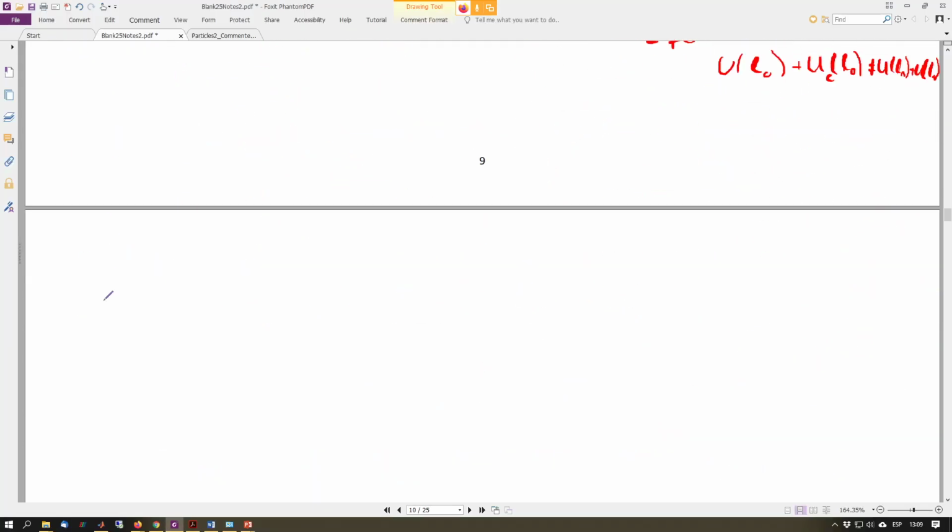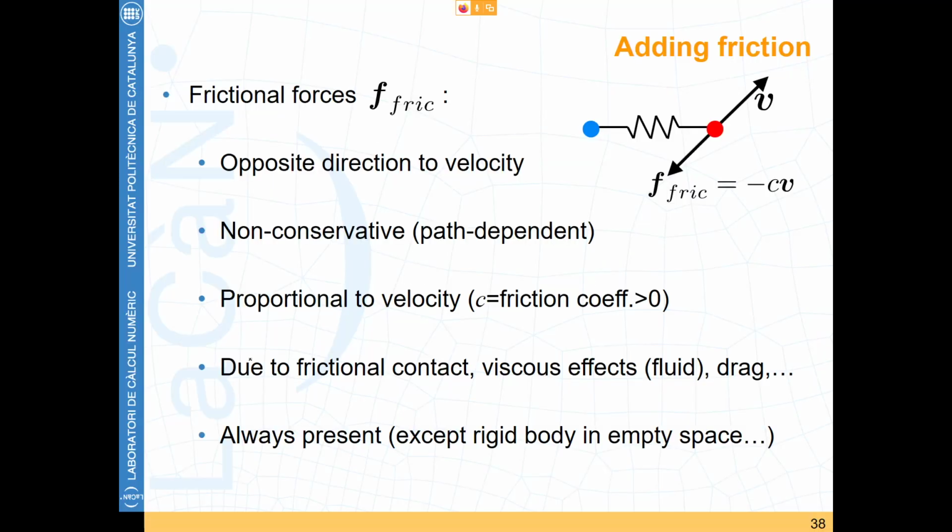We had this example of a particle on a substrate. In the same manner, if it is moving in this direction, we may have a force that is minus C times V, and that would be our frictional force. So there is interaction with fluids, or with solids as well.